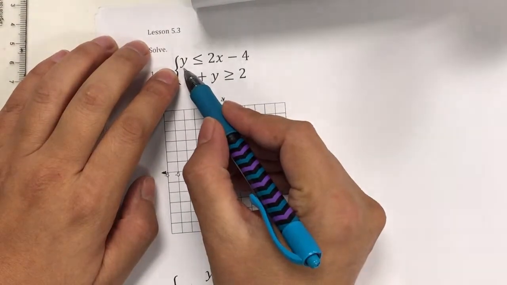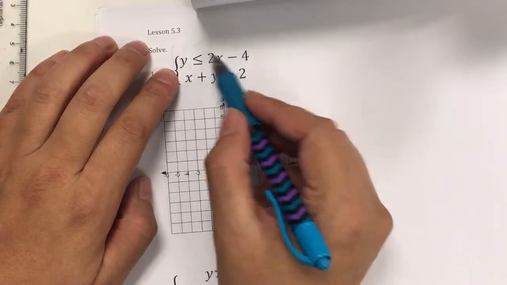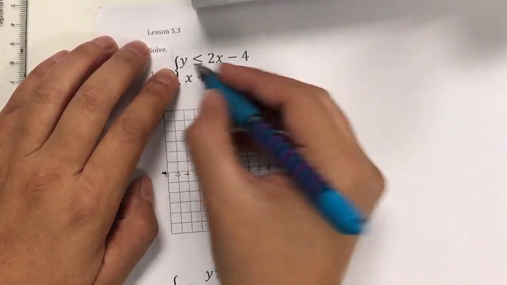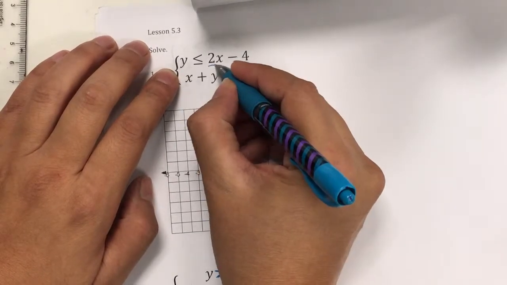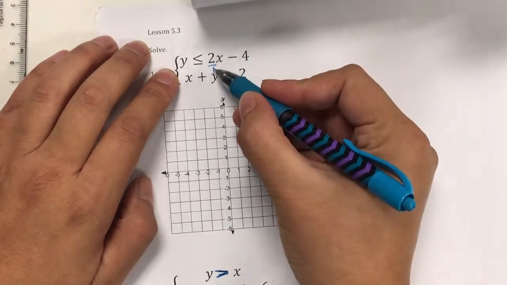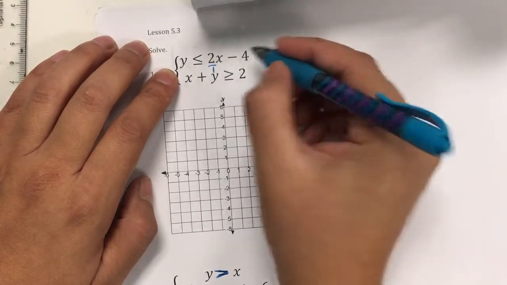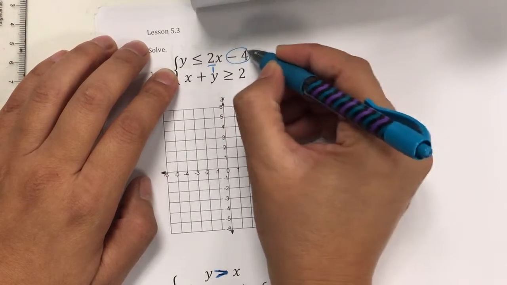And so the first thing that we need to do is figure out in what form this inequality is. And you can see that it has the slope. It always has to be in fraction form. So if it's not, we just put it over 1. And it has the y-intercept, which is my initial point.